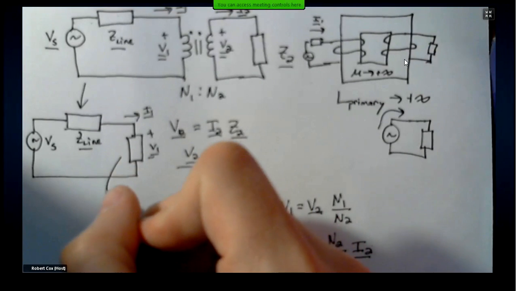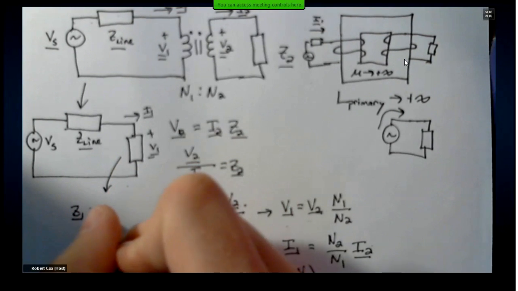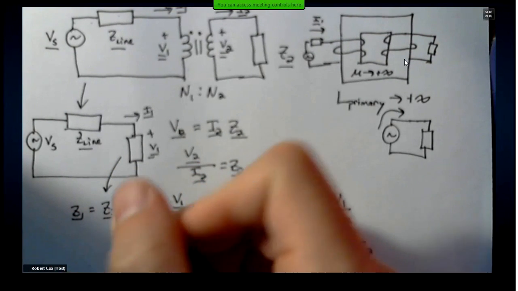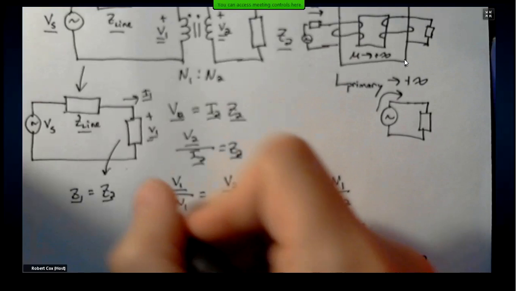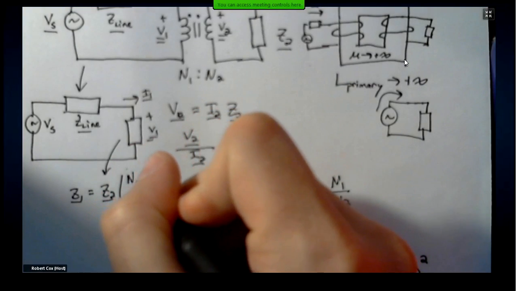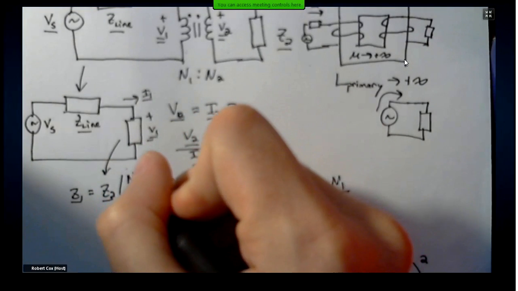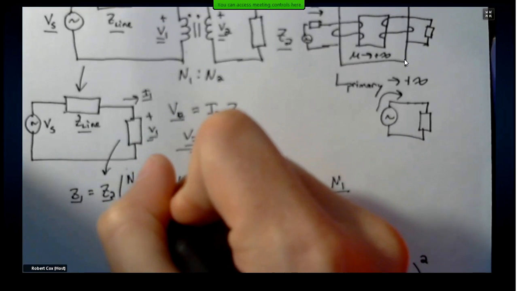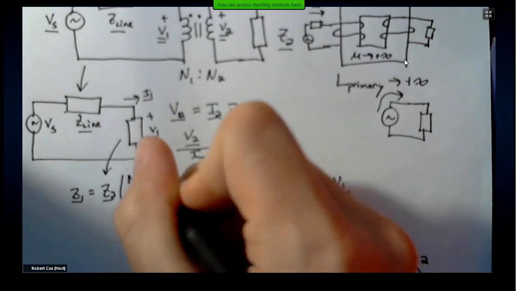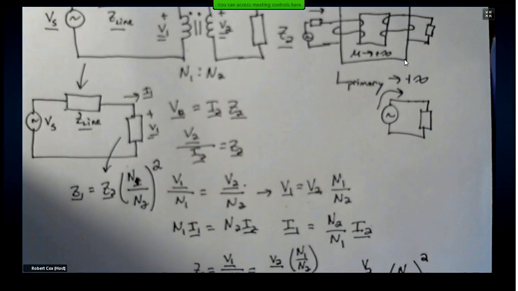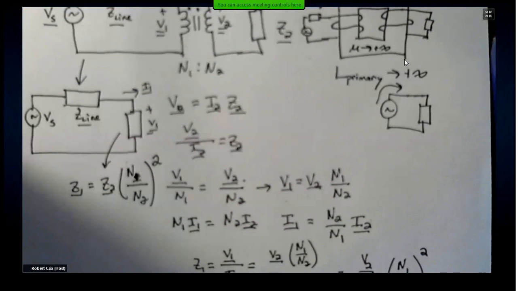This impedance right here is that impedance I just defined, Z1, which is the reflected, sorry, it's Z2 times N1 divided by N2 squared. That's the crucial thing.